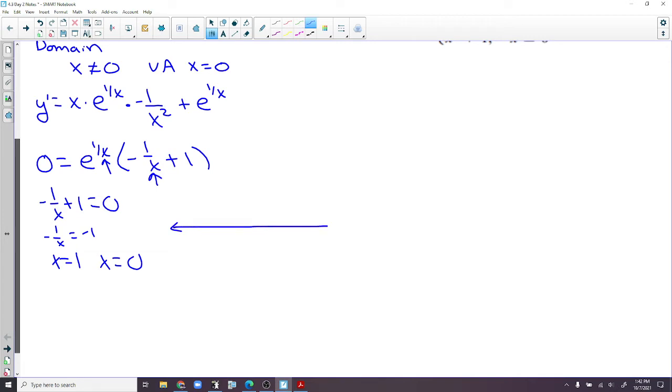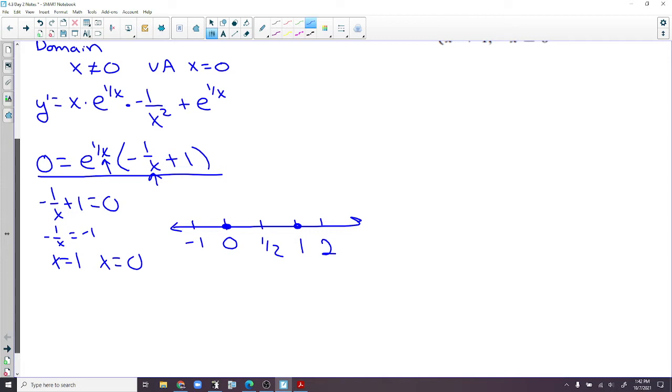So we're going to throw these on a number line. 0 and 1. And we're going to plug in negative 1, how about 1/2, and how about 2? Now we're going to plug those into the derivative. But you cannot make e negative. So as far as getting positives or negatives, I'm not even really going to consider e to the 1 over x. It can't be negative.